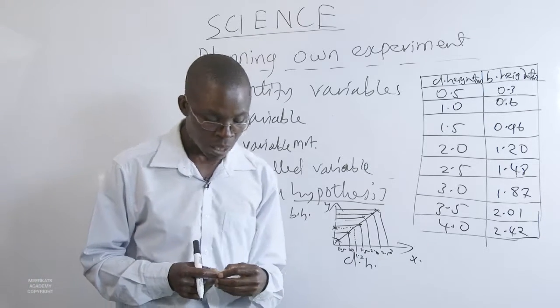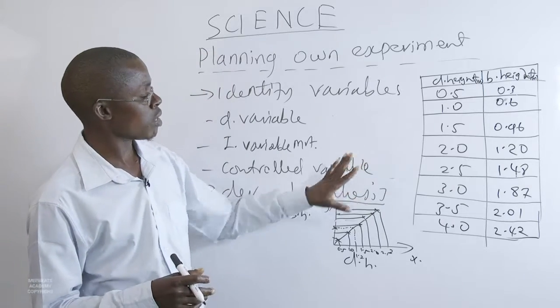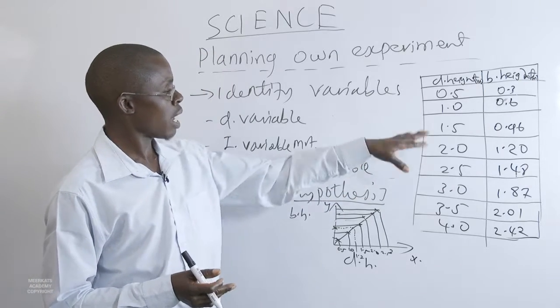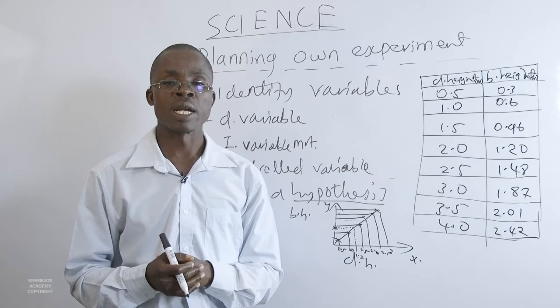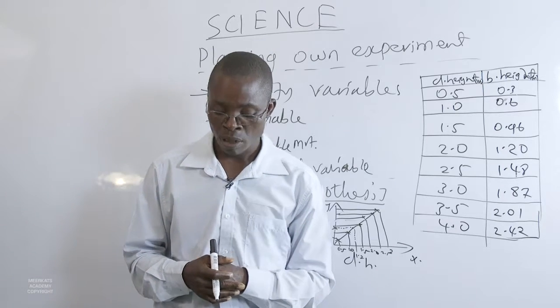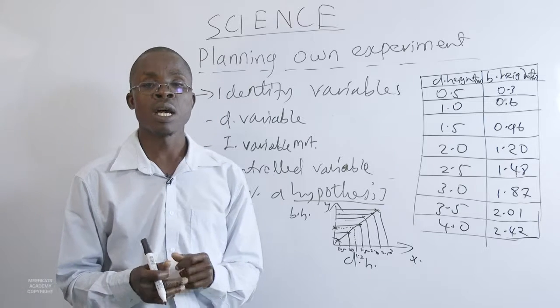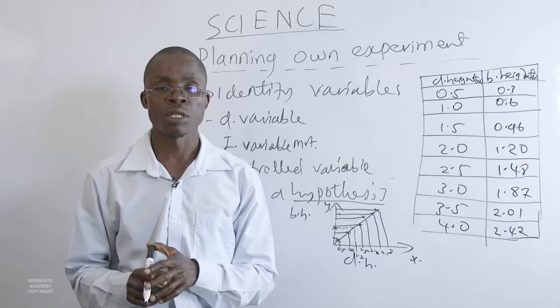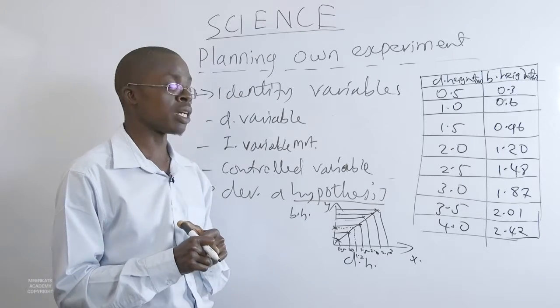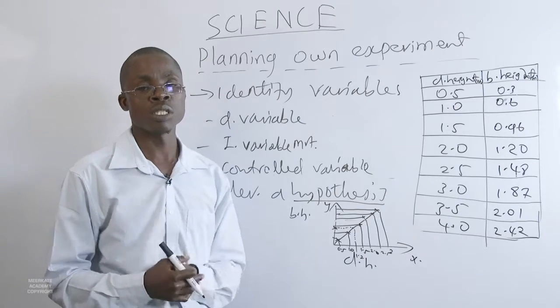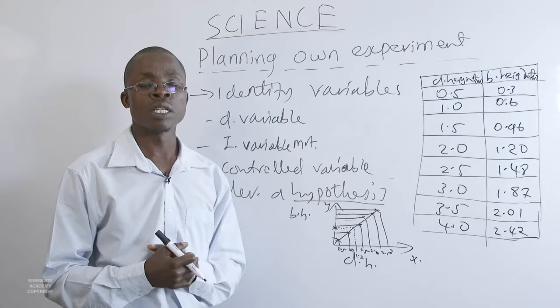Now, after you have done all that, you have analyzed. What next? In scientific report writing, we are left with one thing, and that is a conclusion. When making a conclusion, you have to make sure that first of all, it has to be short. Second, it has to be clear.